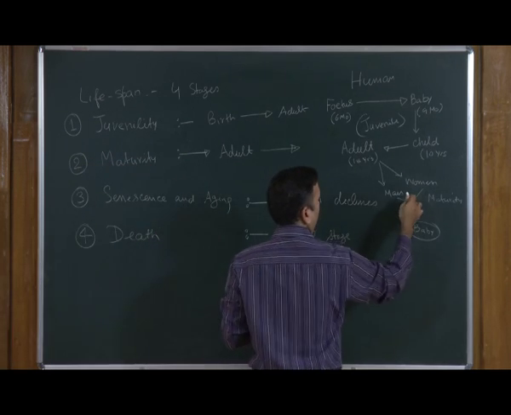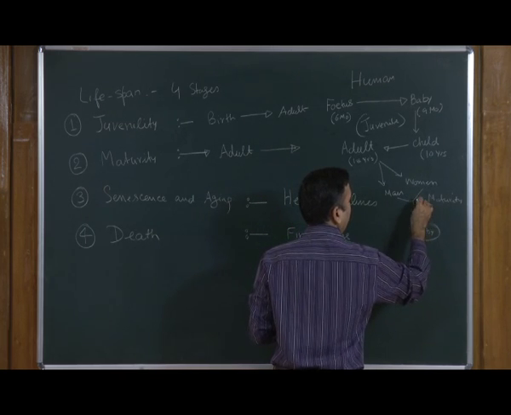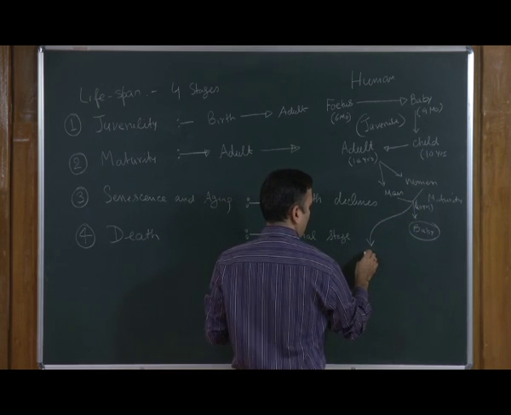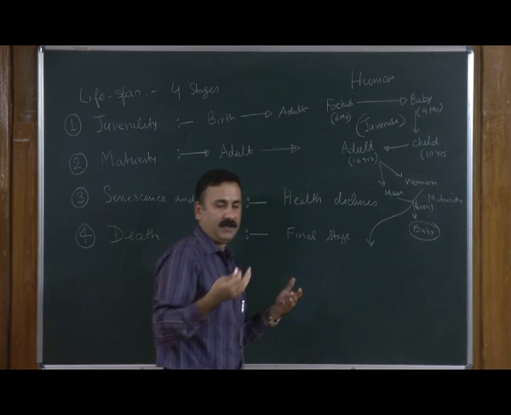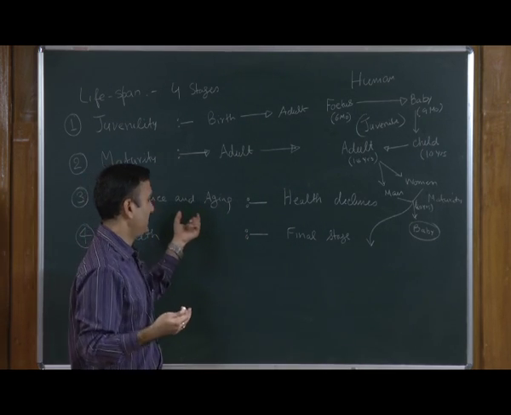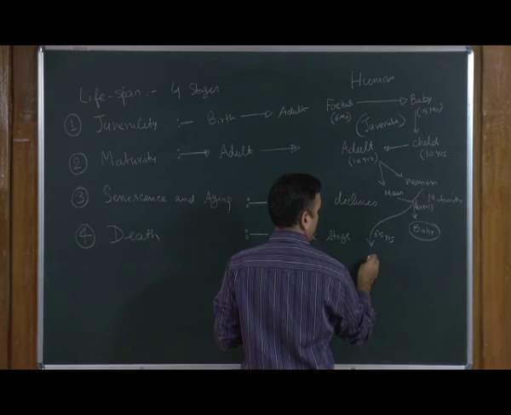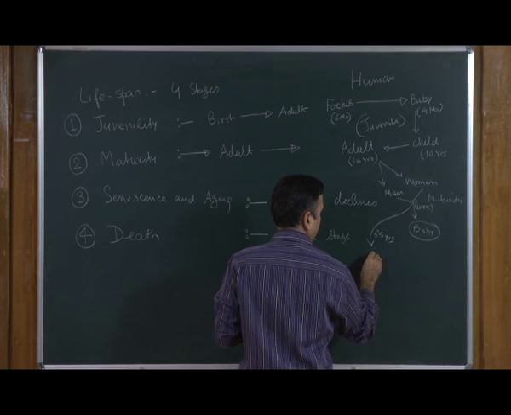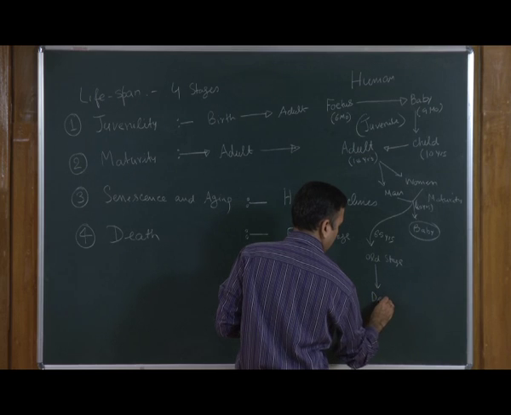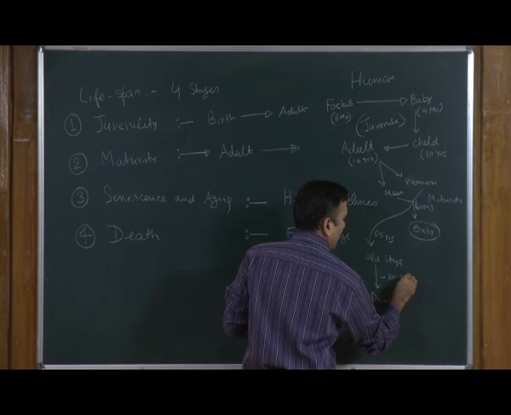And then these two individuals will also go through the senescence stage. This will go up to the age of 40 years. Okay. And then these two individuals will go for senescence as well as cell death or the aging process, and that will continue up to 65 years, and then eventually they reach an old stage, and then they will go for death, and that may happen anytime somewhere around 80 to 100 years.